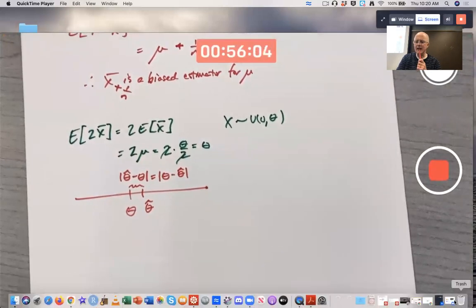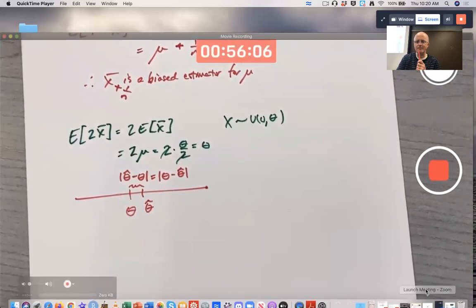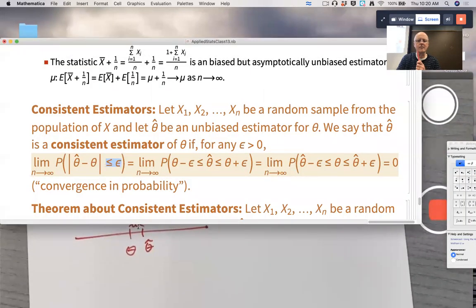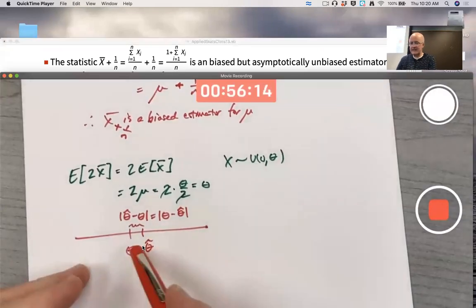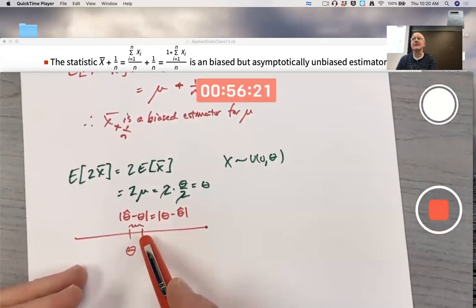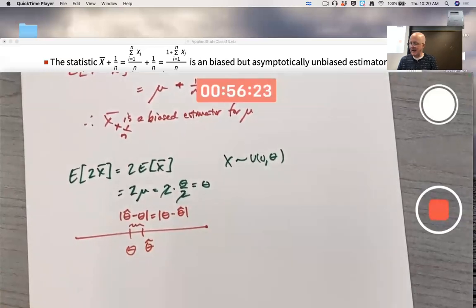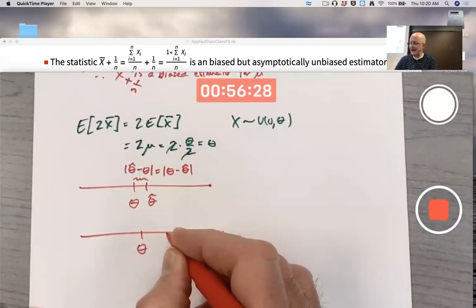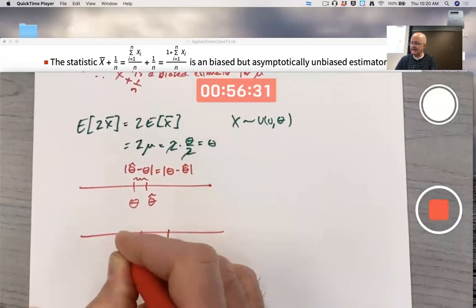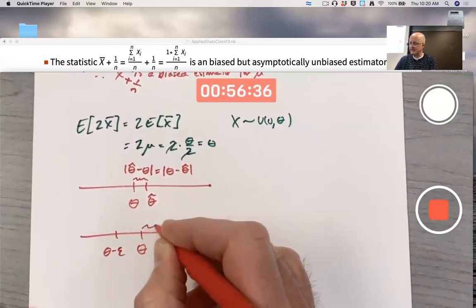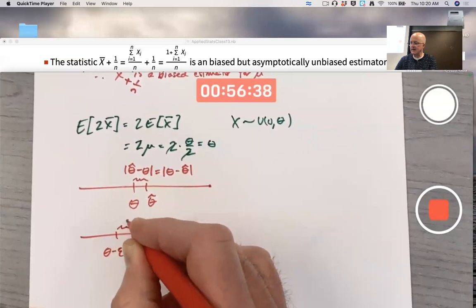For that distance to be less than or equal to some number epsilon means that epsilon is a bigger number than that distance. For example, if you take theta and add epsilon and subtract epsilon, this distance is epsilon here, and this distance is epsilon here.